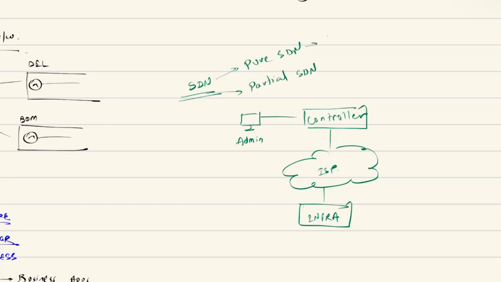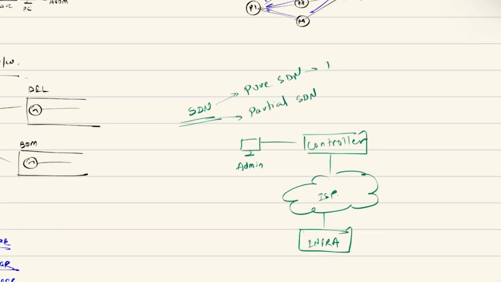Pure SDN is where the infrastructure will only retain the data plane, and the control plane and the management plane and everything is going to be centralized to a separate controller. And partial SDN is where the infrastructure will retain all planes, but still be managed by different tools.